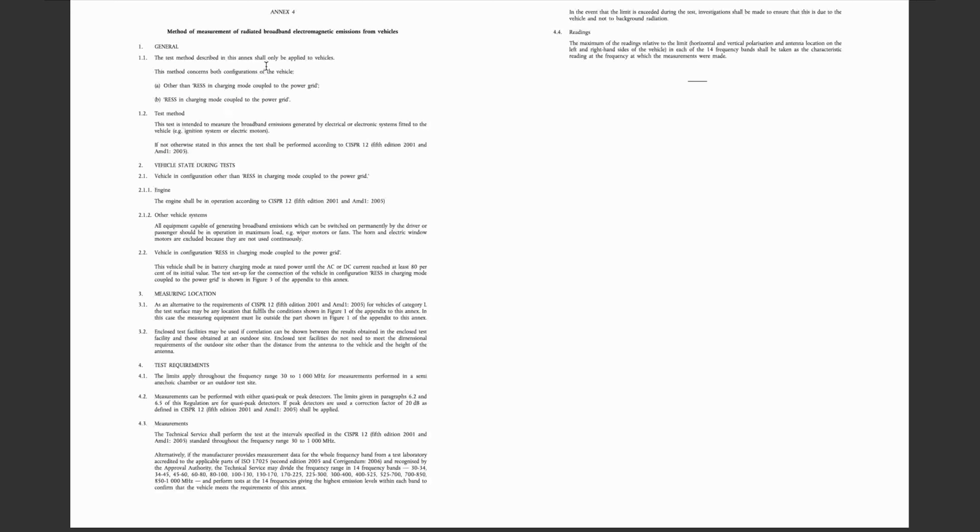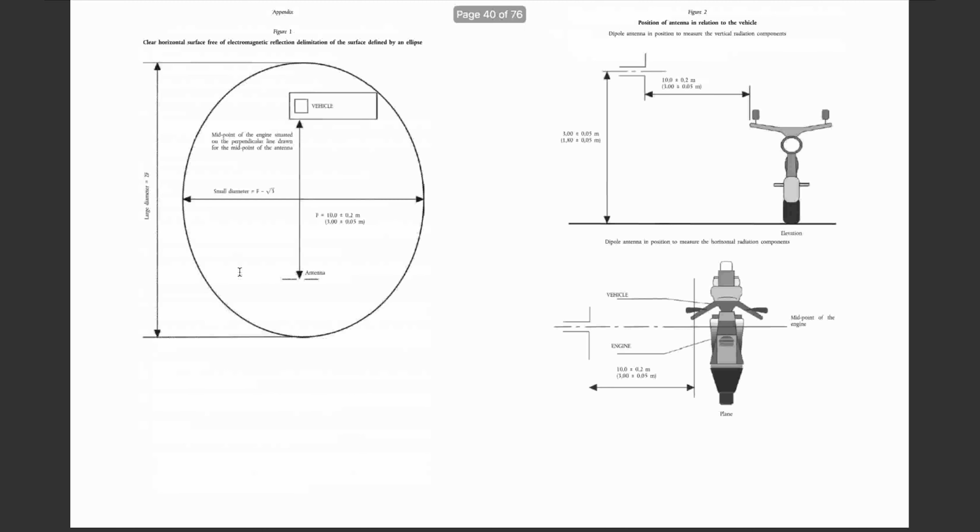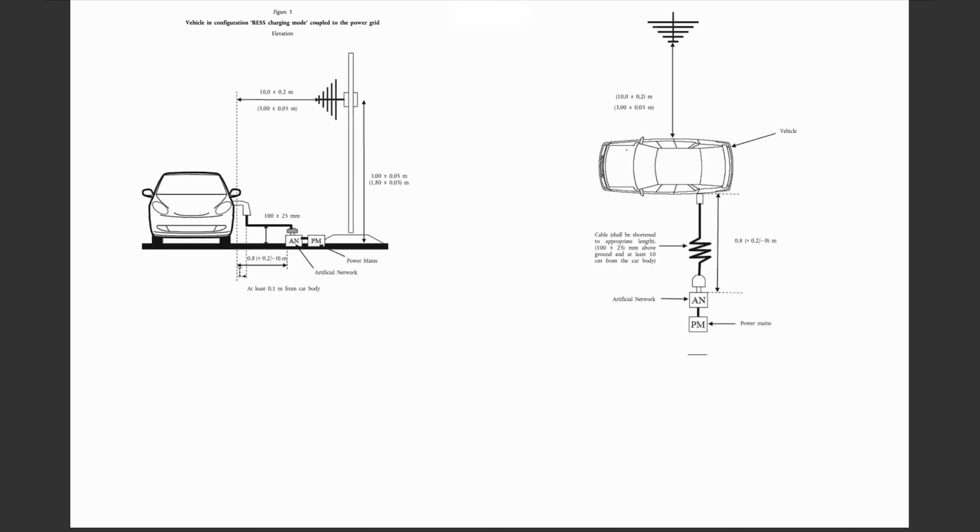When a vehicle test applies and radiated emissions are tested for the entire vehicle, rather than using CISPR 25, Annex 4 will tell you that you have to use CISPR 12, which specifies the measurement of radiated broadband emissions from vehicles, and that will have this type of test setup for motorbikes or vehicles shown here.